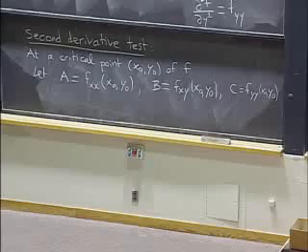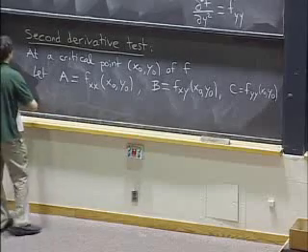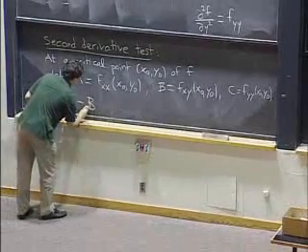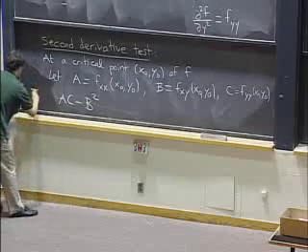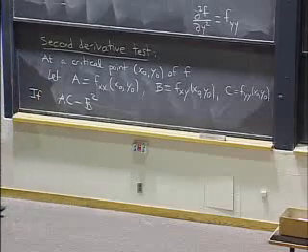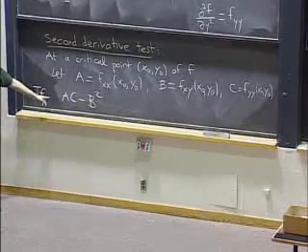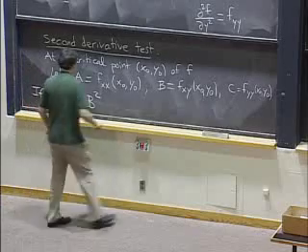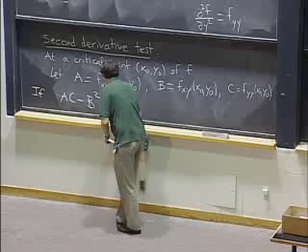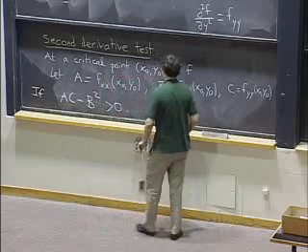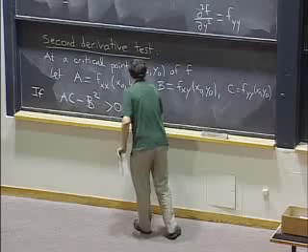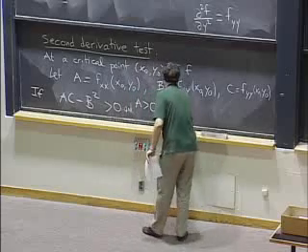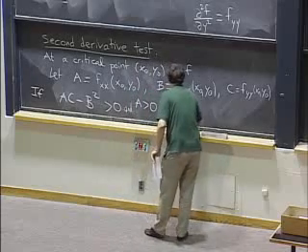And now what we do is we look at the quantity AC minus B squared. I am not forgetting a 4. You will see why very soon. So if AC minus B squared is positive, then there's two subcases. If A is positive, then it's a local minimum.